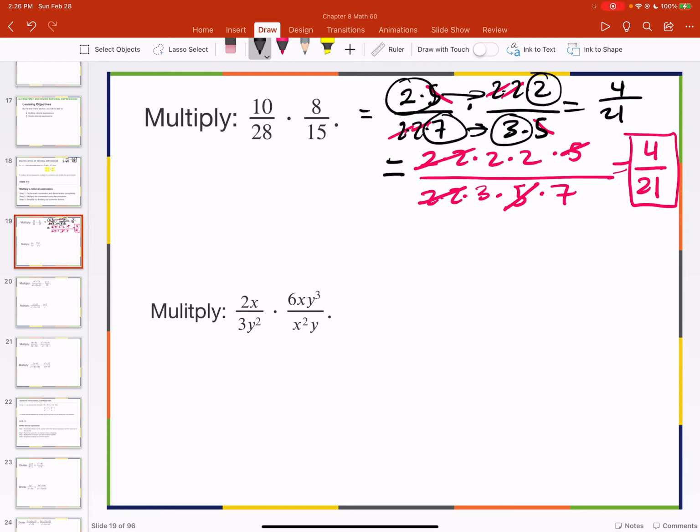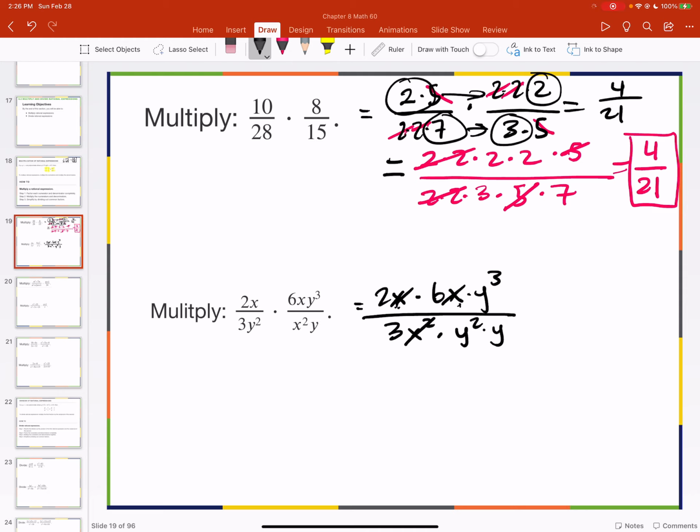Now let's go ahead and do that, but with x's and y's. So here you have 2x times 6x times y cubed, and that's going to be all over 3, and then x squared times y squared times y, that's just y cubed, but let's just leave it like that. So notice these two x's will cancel out.